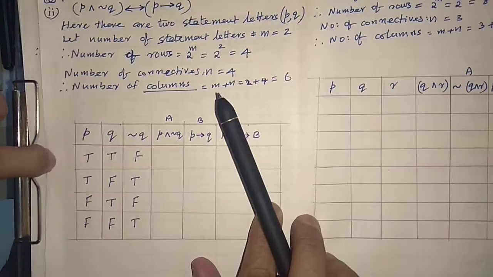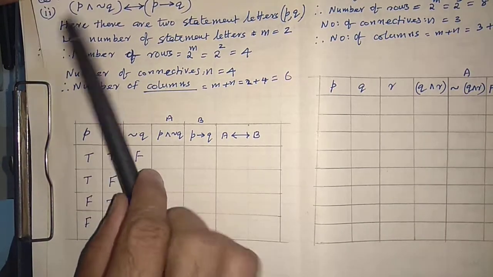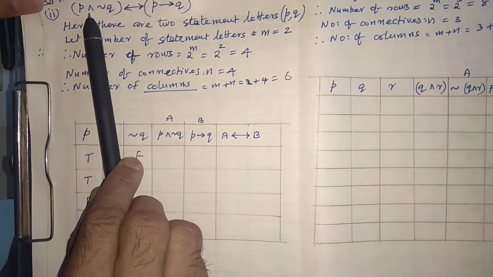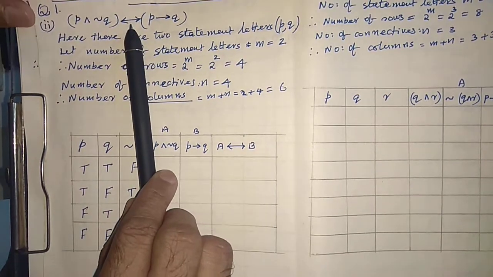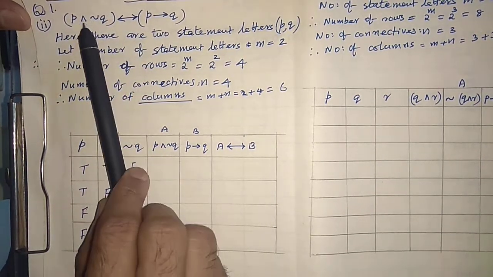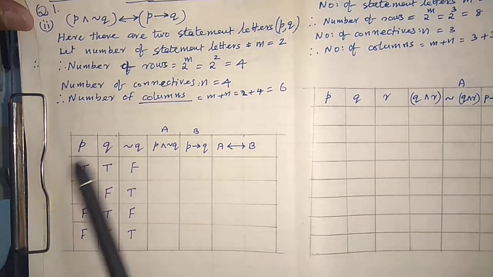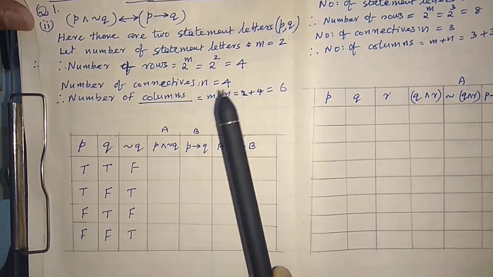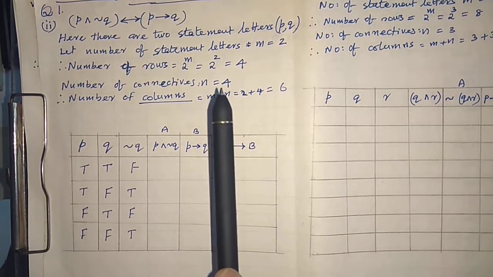Now the number of connectives. Counting them: 1, 2, 3, 4. Actually we have the number of connectives equal to 4.